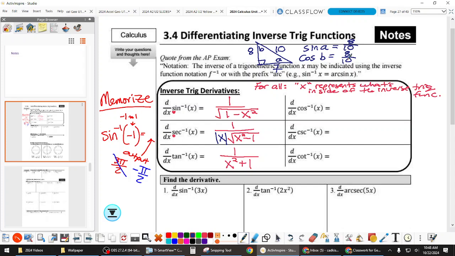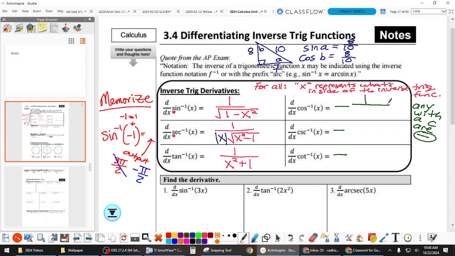Anyway, just like we saw before, I don't know if you remember, but when we did the derivative of cosine, cosecant, those were negative. So any of the ones with the C, you have to have that negative out front. Otherwise, it's the same, so that's nice.